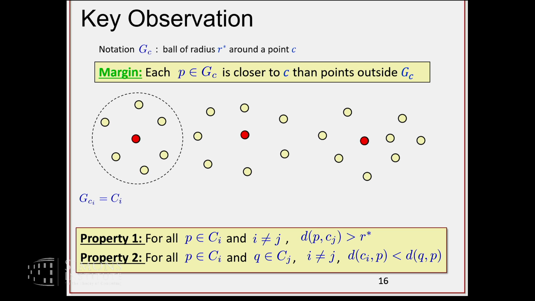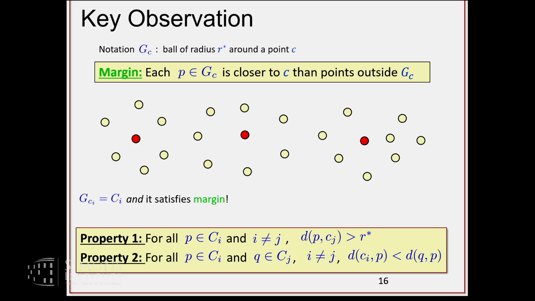But we get something even stronger. The second property shows this nice separation property where not only is it the optimal cluster, but everything inside this ball is closer to the center than anything outside the ball. It's this nice separation property I'm going to call margin.